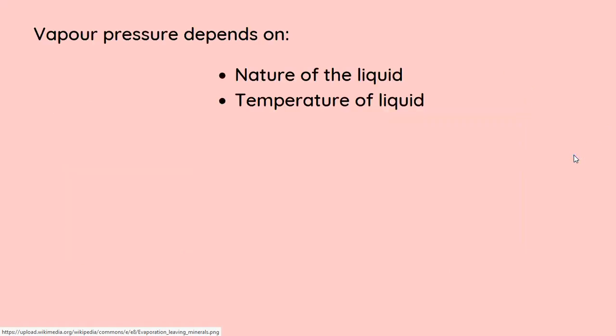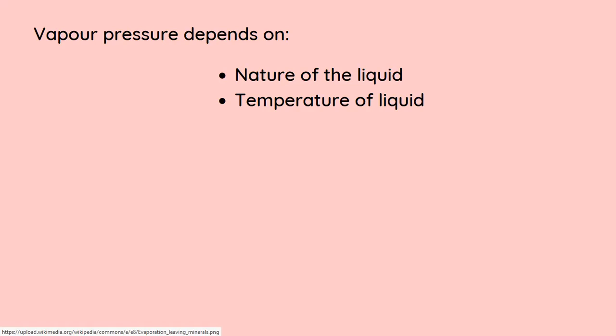Next one is temperature of the liquid. Assume you have two conditions, where maybe it's a hot day. You might notice that the alcohol evaporates more quickly than on a very cold day. And also, when you heat water, you see that it's evaporating quickly. But then again, that's another story altogether.